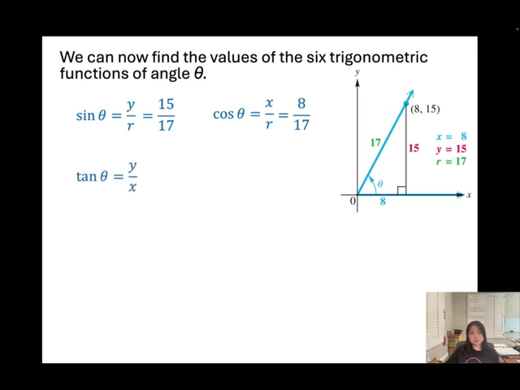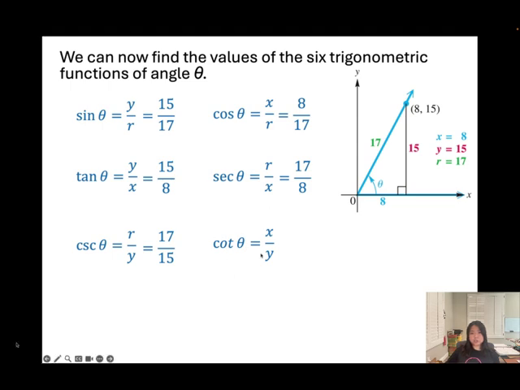Tangent theta is y over x, opposite over adjacent, so that will be 15 over 8. Secant is the reciprocal of cosine theta, so you get 17 over 8. Cosecant is the reciprocal of sine, so that will be 17 over 15. Last one, cotangent is the reciprocal of tangent theta, which is 8 over 15.